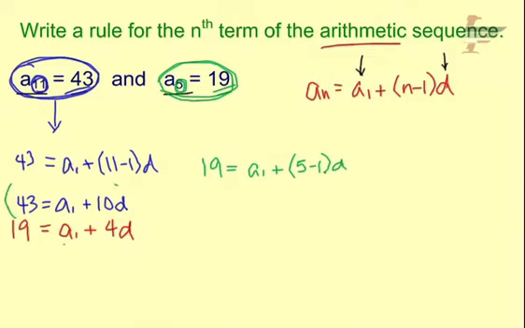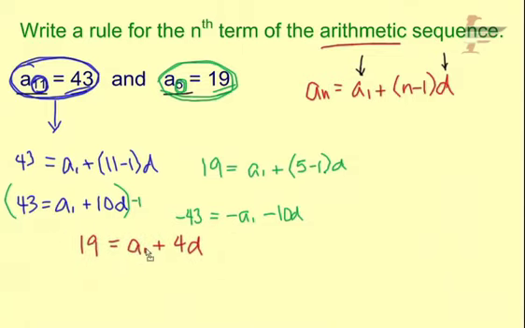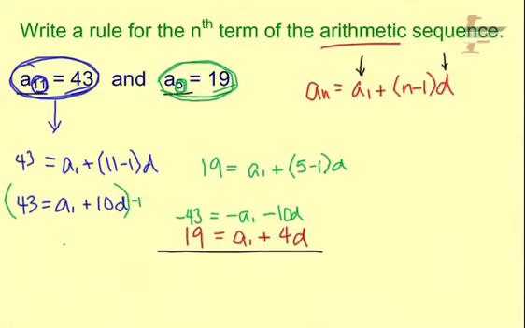If we just take this top one, let's say, and multiply by a negative 1, then they will eliminate when we do this. So the new equation, we multiply everything up there by the negative 1, so we have negative 43 equals negative a sub 1 minus 10d. And then we don't need to change the bottom one, so I'm just going to bring this one over here instead of rewriting. And now we go ahead and add our equations together.